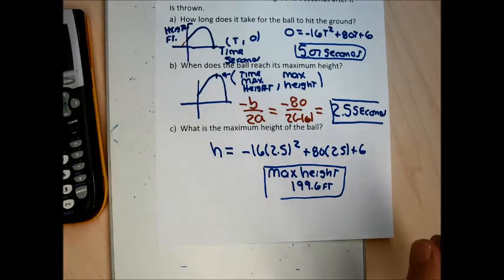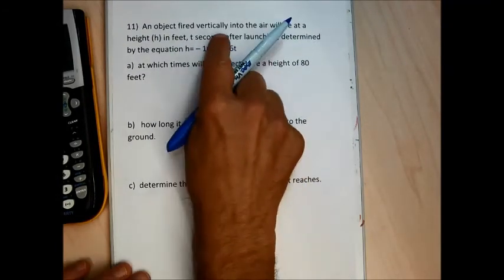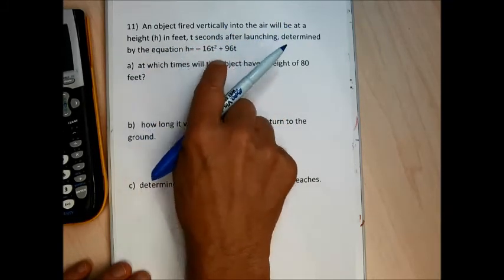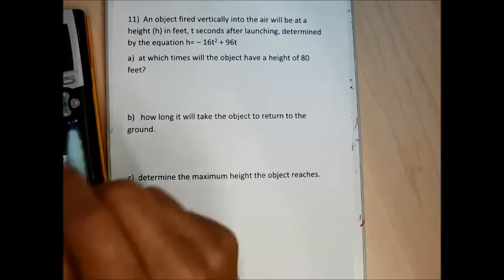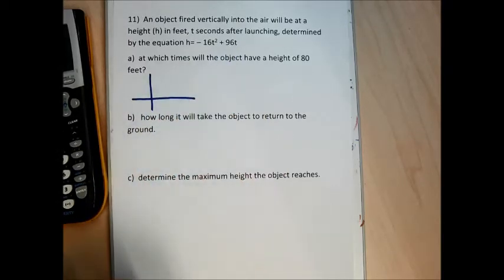Problem 11 is similar, but a little bit different. It gives me a similar function. It gives an object fired vertically into the air will be at a height h feet after t seconds. Gives me this formula. So this formula is going to graph similarly to the last formula.